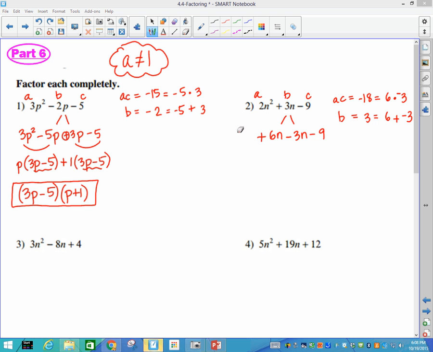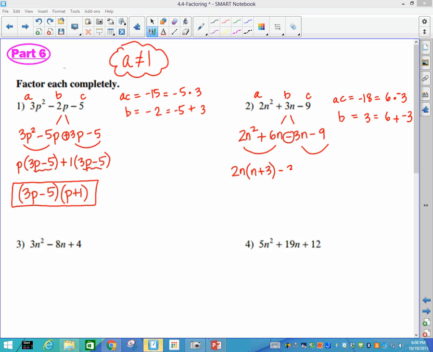And then I carry down the rest of the problem, and then I group into pairs. So the greatest common factor with these two is 2n, leaving me with n plus 3. Always carry down that sign.